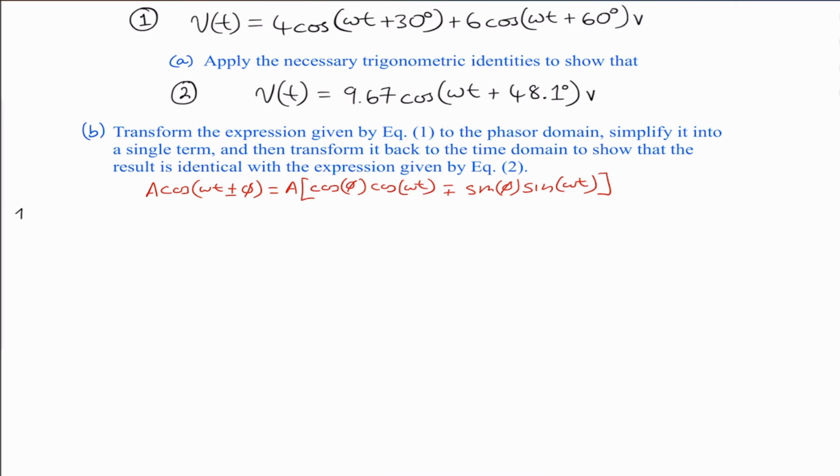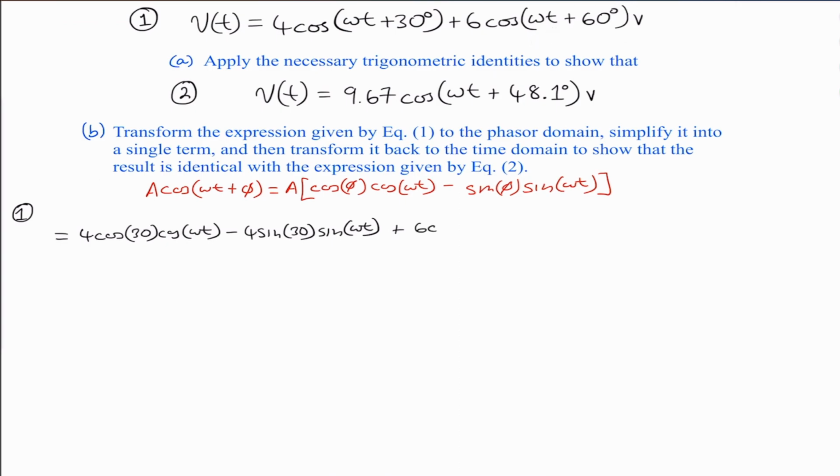Starting with equation 1, after we apply the first trigonometric identity, it is equal to 4 times cosine 30 cosine omega t minus, so we have a plus, so we use the minus, and then 4 sine of 30 sine omega t.